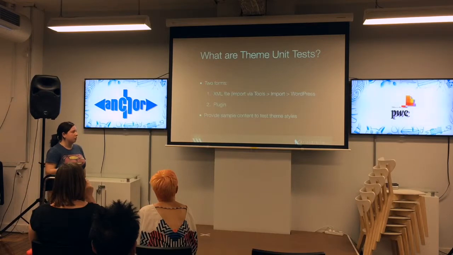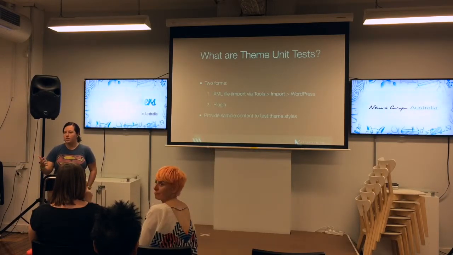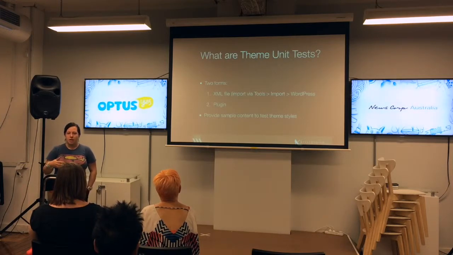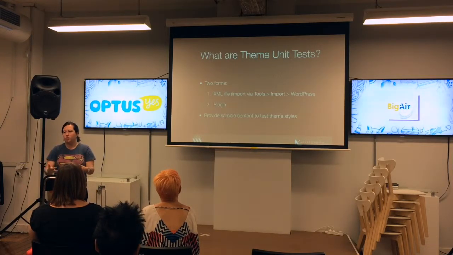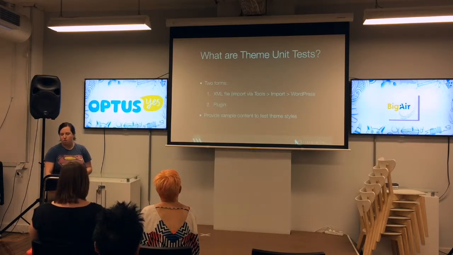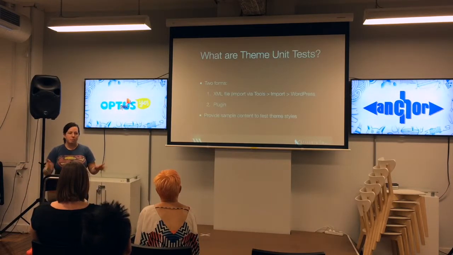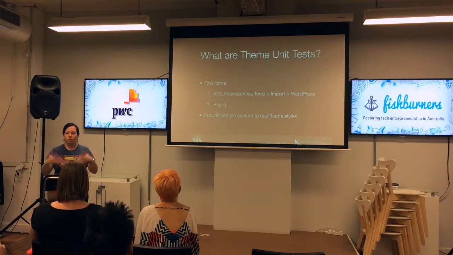They essentially provide sample content for you to test your theme and make sure that everything that somebody might put into a post or page is accounted for. So make sure all your headings and your lists and your block quotes and your post types and everything look good.